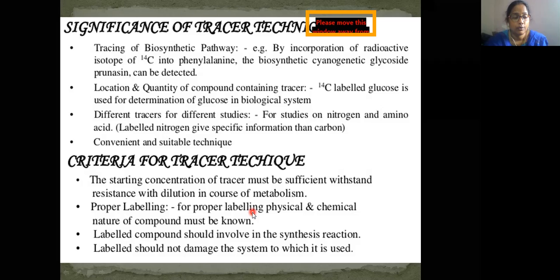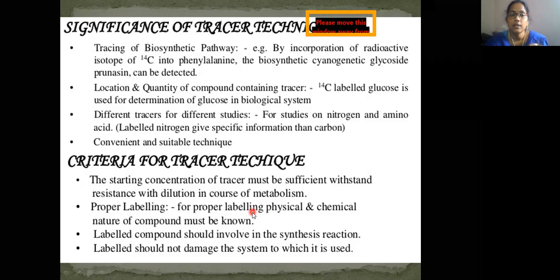If the half-life of an isotope is around 10 to 15 minutes, and the time required for the reaction to happen is around 12 hours, then after 14 to 15 minutes this isotope will not be available. It will be reduced to half. But it should be available till 12 hours, because the time period for the reaction to happen is 12 hours.